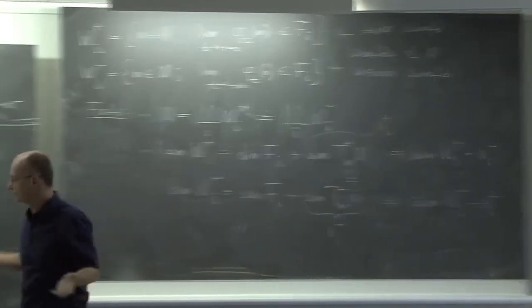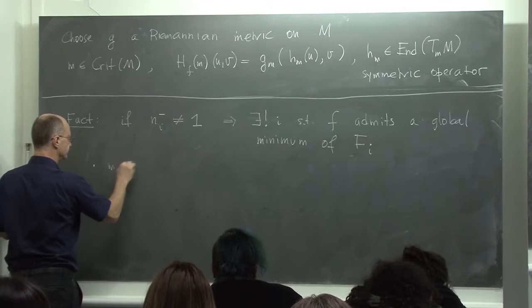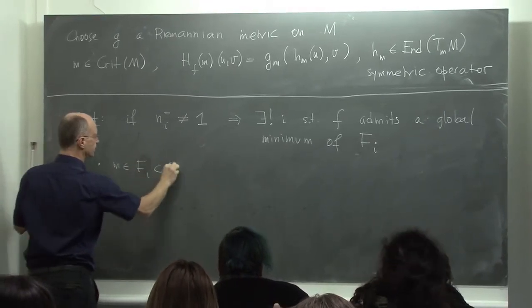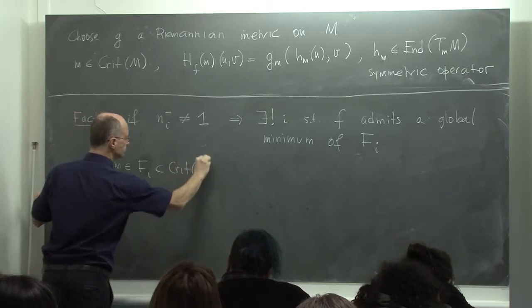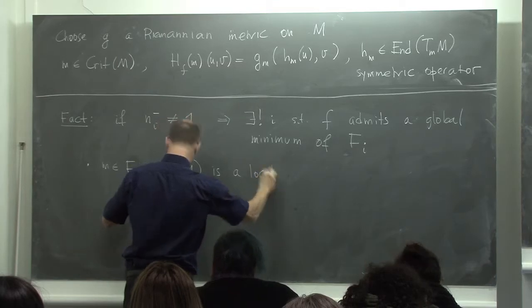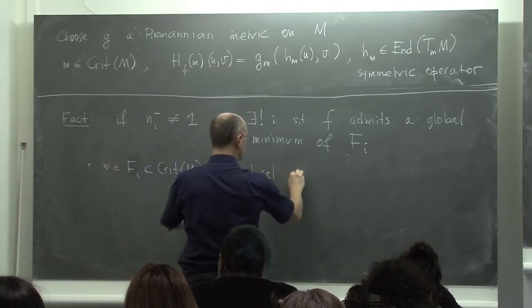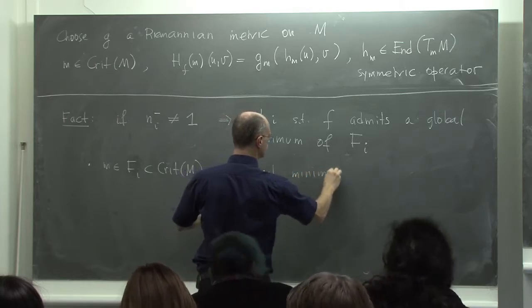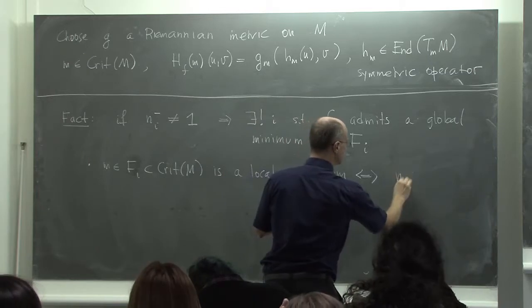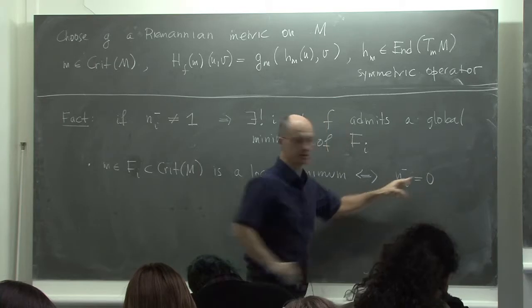Again, as in first year calculus, a point m in F_i, which is a part of the critical set, is a local minimum if and only if the corresponding n_i minus is 0.